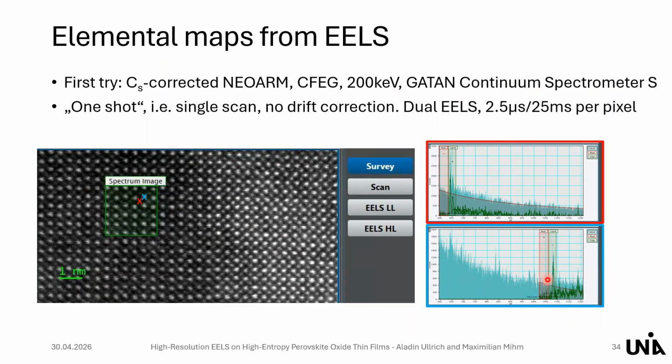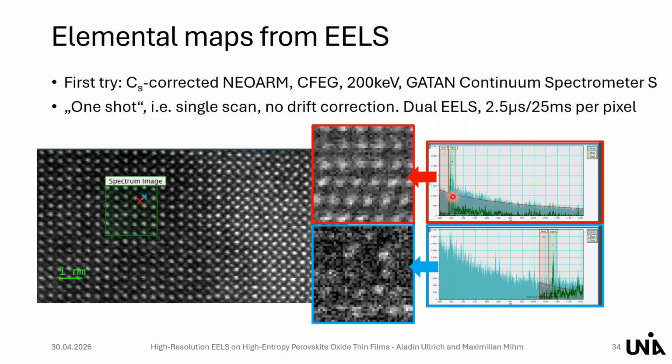This red region is used to extrapolate the background, and then you define some green region for the signal, and this signal is then included in this peak, here for the manganese. This manganese peak is then used to generate an intensity map or a grayscale map where you get the elemental concentration. So this is done here for this region.